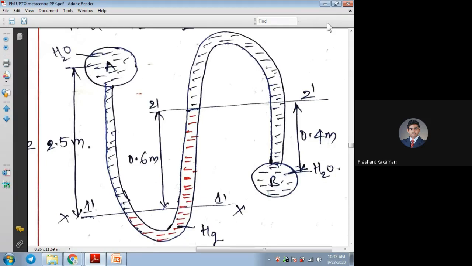And as I told you, the other pipe with the remaining U-tube I have considered on the right side. Starting from the left side only, if you see the mercury level, it is rising on the right side by 0.6 meters.